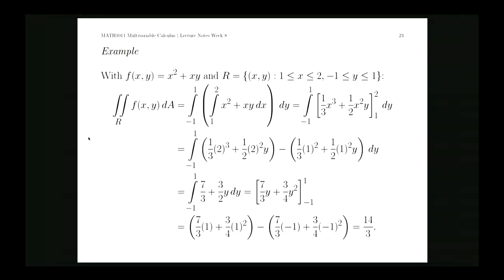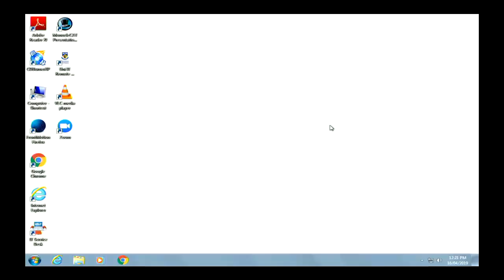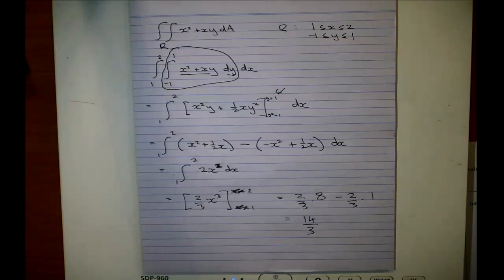Now, this way, compared to, whoops, sorry, wrong button. This way, about the same. This way is probably a touch easier, isn't it? But they're about the same, but this is a good way to check.